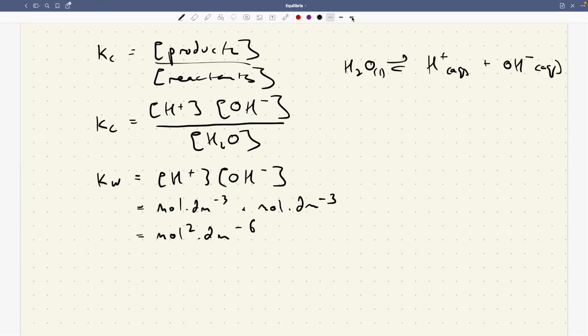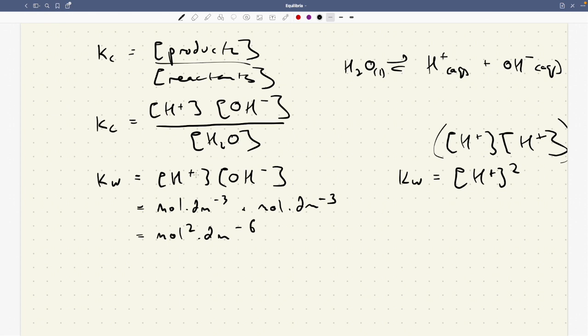So in pure water, if H+ equals OH-, we have the concentration of H+ squared, because it would be H+ times H+ if those two are equal. So therefore it's going to end up as the square of it.